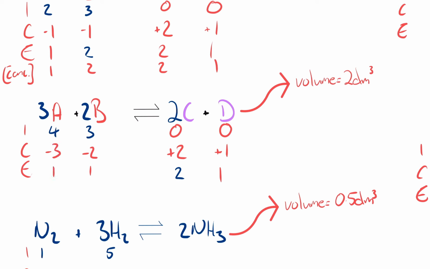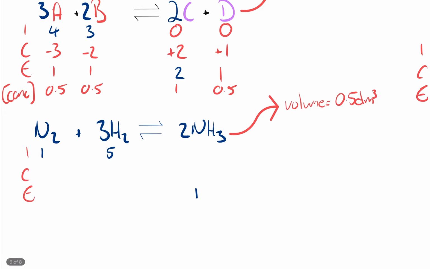This time, we've got a volume of 2 decimeters cubed. So now when I'm working out my concentration, I'm dividing by 2. So I've got 0.5, 0.5, 1, and 0.5. And again, we'll look at how we use those in the next video.